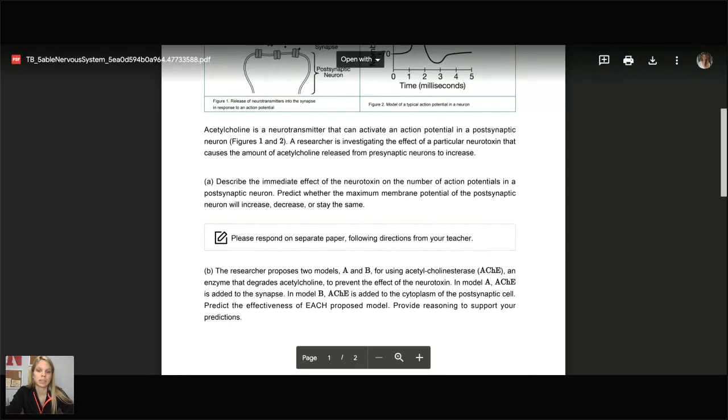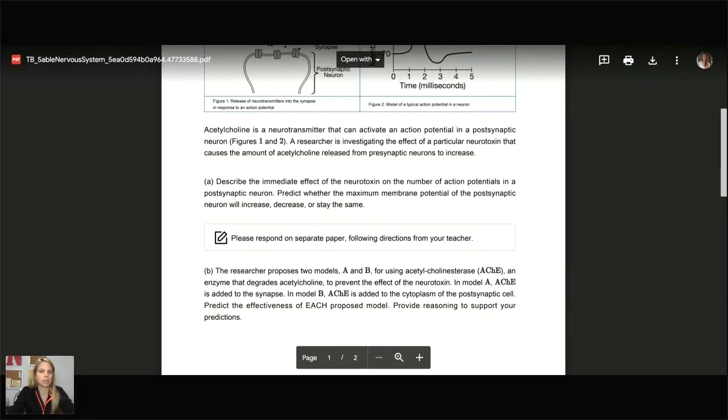Part B, the researcher proposes two models, A and B, for using acetylcholinesterase, an enzyme that degrades acetylcholine, to prevent the effect of the neurotoxin. In model A, AChE is added to the synapse. In model B, AChE is added to the cytoplasm of the postsynaptic cell. Predict the effectiveness for each proposed model. Provide reasoning to support your predictions.